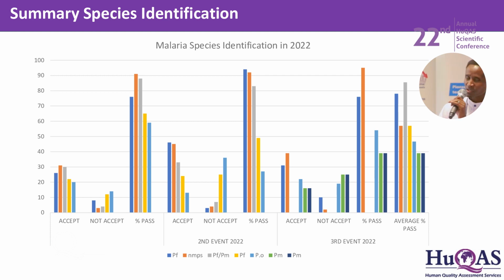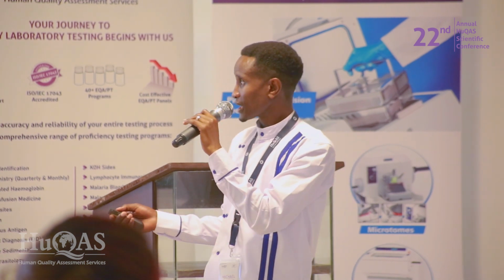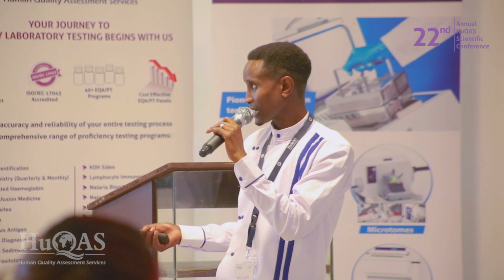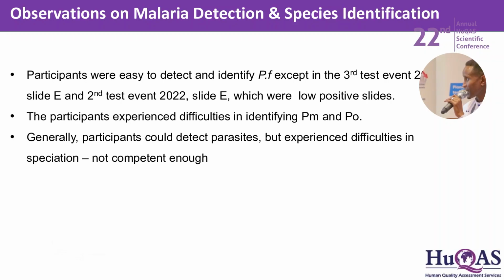Now, observations which we made for species identification, of course, and detection here: you can see participants found it easy to pick PF because it's quite commonly known by many of us. But the other parasites were quite difficult for the participants to pick, especially PM and PO. During those 3 events or 3 years, we did not have PV.